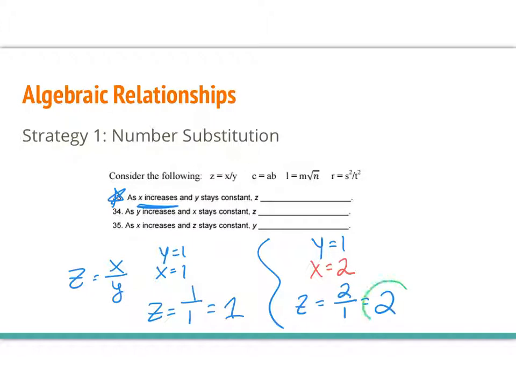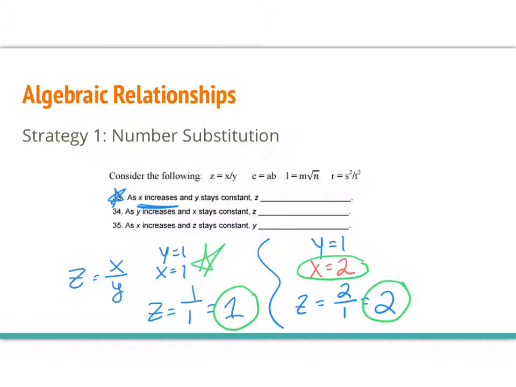Now I can compare these two numbers. As x increases, z is also going to increase. Number substitution is one of the best ways to get started. We always start out with our starting numbers. I always like to do ones, and then we increase or decrease whatever the number is in the problem.